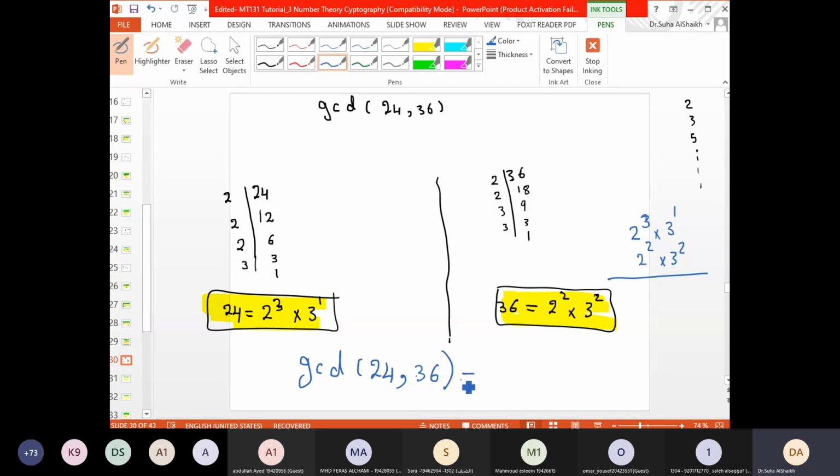So the GCD is equal to 2 to the power of the minimum, sorry, the minimum power of the 2's. What will be the minimum power here? 2. And what's the minimum power of 3 here? It is 1. I take the smallest power of 2 and the smallest power of 3.